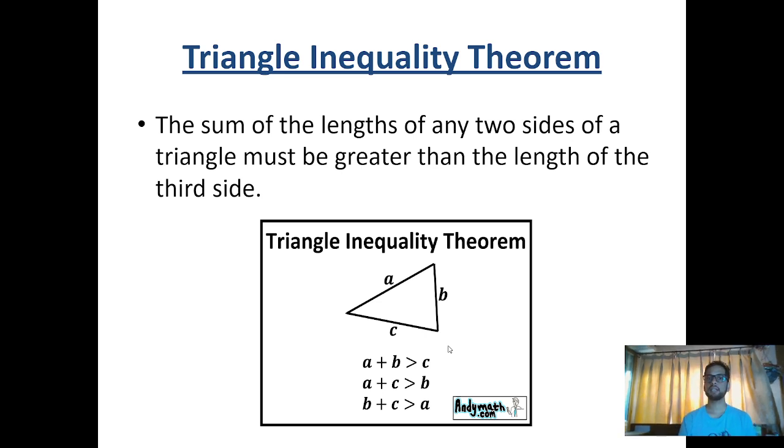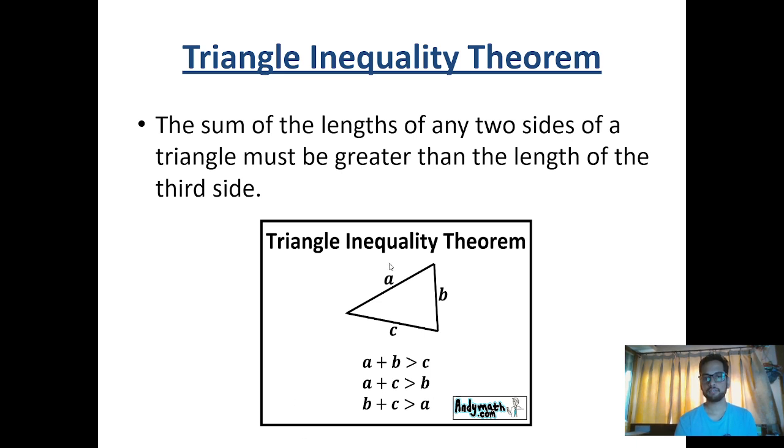Now, the triangle inequality theorem. What does this say? The sum of any two sides will not be equal, it will be greater than the third side, always. The sum of the lengths of any two sides of a triangle must be greater than the length of the third side.